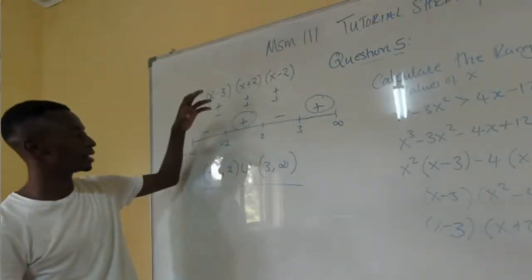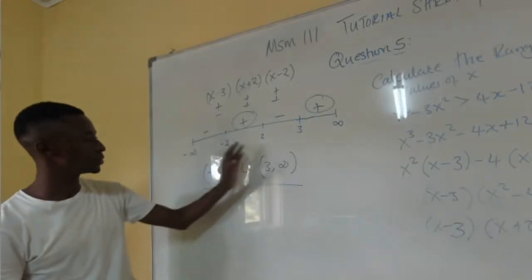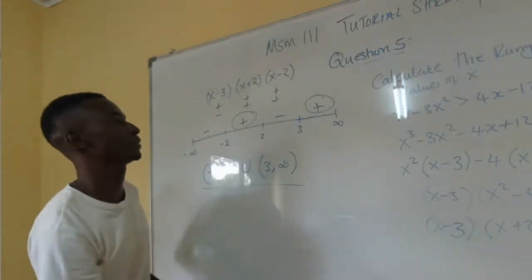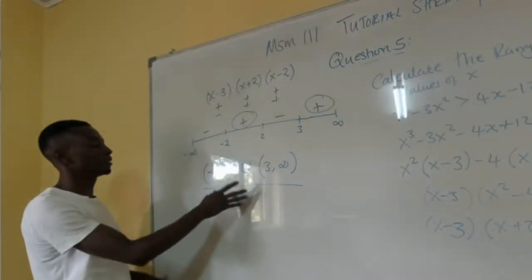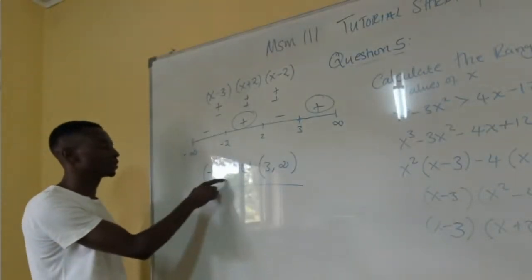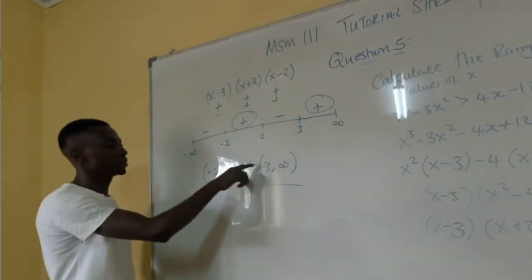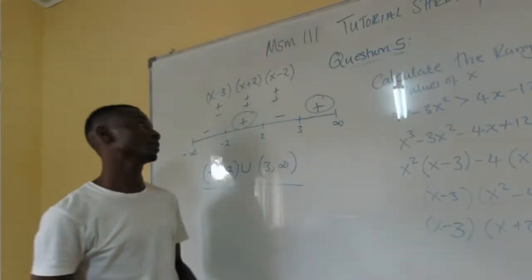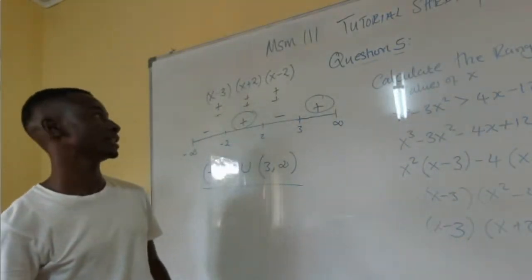So now after testing, the answers that you get, those are your ranges of values of x. So our final answer here is negative 2, comma 2, in brackets, union 3, comma infinity. So that's what you're supposed to do, and that's question 5.